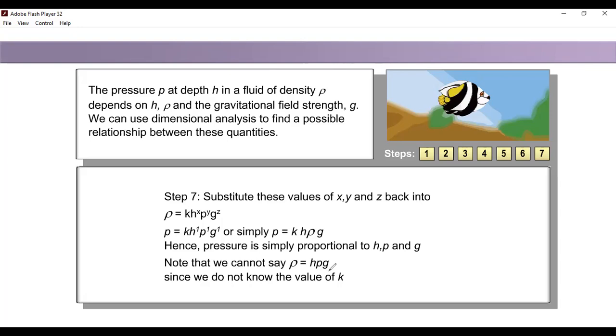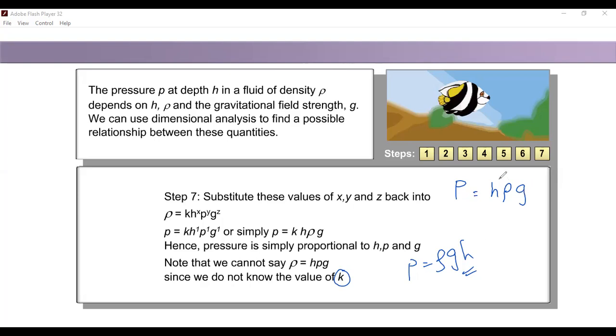So from the equation, we didn't get any constant. So at the end, P equal to rho G H. Now to double check the equation, initially they said that pressure is related to H, rho, and G. But how is the formula?